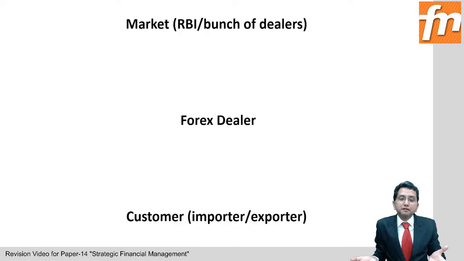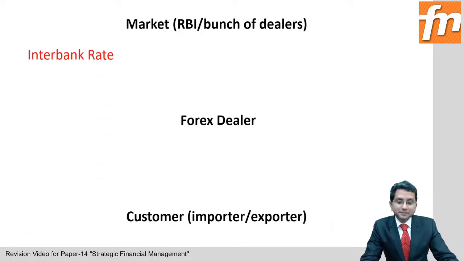It's a bunch of banks, a bunch of dealers. While the rate at which transactions are entered into between a foreign exchange dealer and his customer, the customer meaning the merchant, is called the merchant rate.